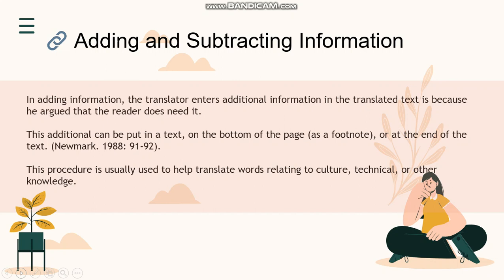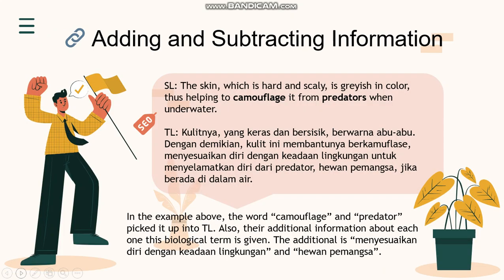And in common, this strategy is usually used to help translate words relating to culture, technical, or other knowledge. Let's see the example. In the source language, the skin, which is hard and scaly, is grayish in color, thus helping to camouflage it from predators when underwater.